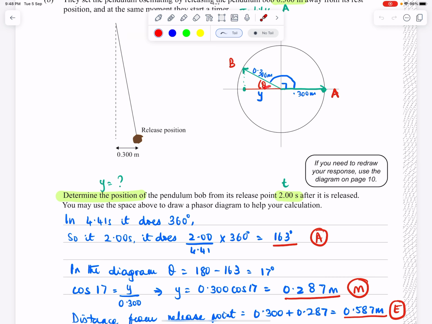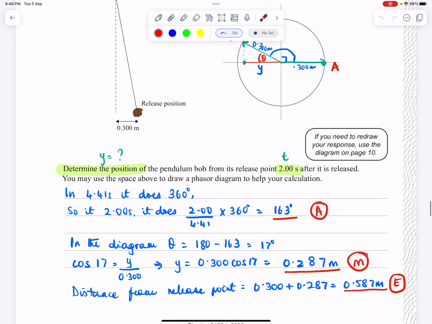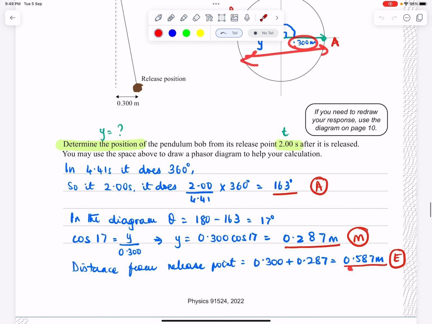So this angle theta is 17. So if I know theta and I know this is 0.300 meters because that's the amplitude, it's very easy to find y. So that's going to be cos, isn't it? So cos 17 is y over 0.3, and I get y is 0.287, but they want the distance from here, so you add the 0.3 as well, and you get so much. So there's your achieved, merit, and excellence parts.